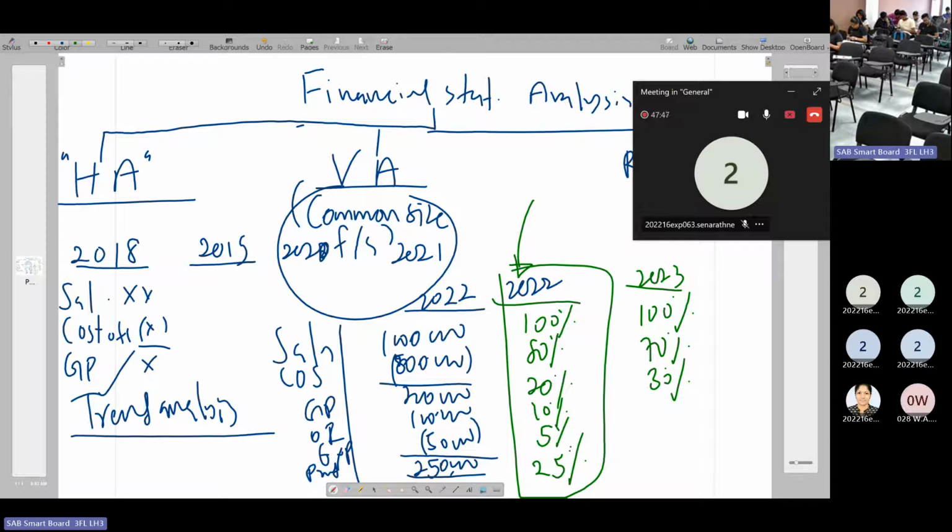Earnings management refers to a company's deliberate use of accounting techniques to make its financial reports look better. Deliberate. They are trying to make financial statements look better. Is that good or bad? That is bad. Artificially, they are trying to make them good. Earnings management is a negative concept. Remember, that's not a positive concept.